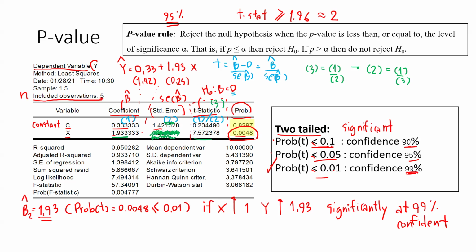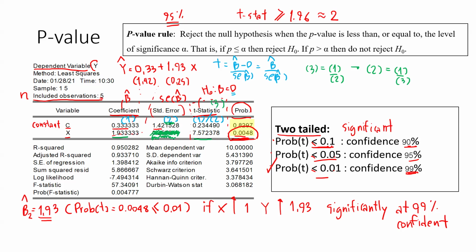Okay, so in the real world, when you tackle real data, we can just see the probability and then we can conclude. We do not have to open the table over and over, but you have to know how to obtain the data, right? How to do the hypothesis testing.